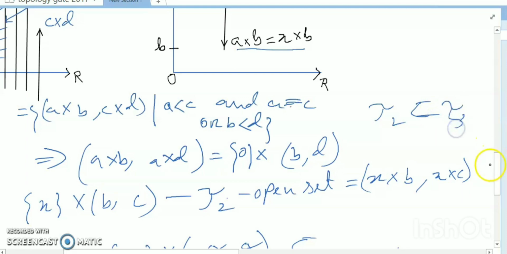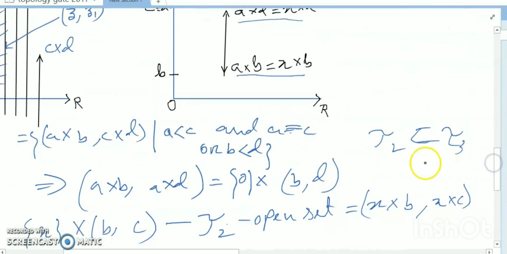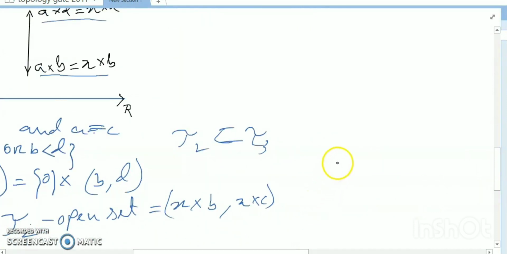So we see tau 2 is equal to tau 3. So A comma B, C cross D belongs to tau 3 open.